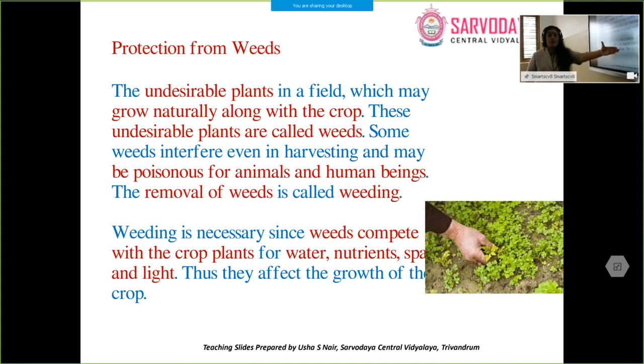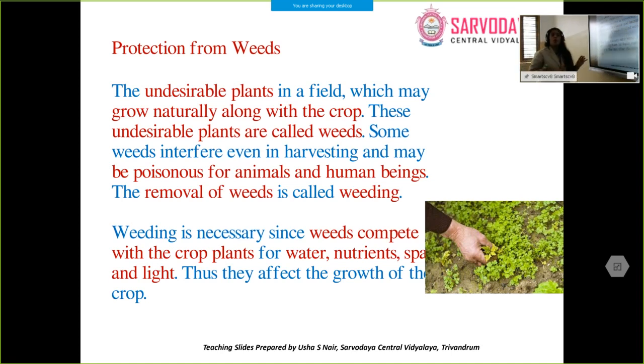The crop will not get the water, nutrients and space which are essential. So this will be affected. Weeds will take over, and we won't get a healthy crop. We'll get an unhealthy crop. So we should make sure that weeding is done.